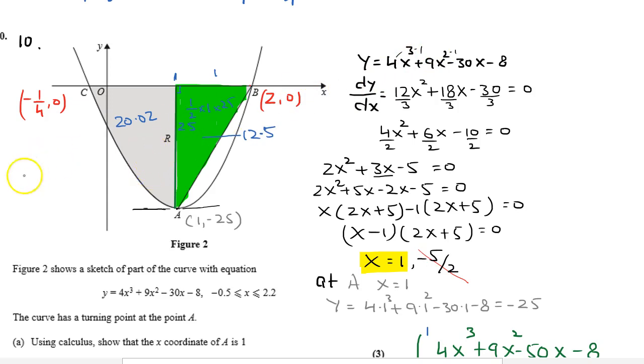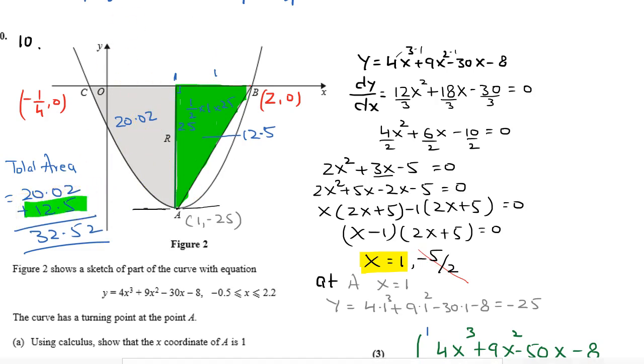So total area is 20.02 plus 12.5. So that is 32.52. So this is the total area. This is the green area and this is the gray area. So total area is 32.52.